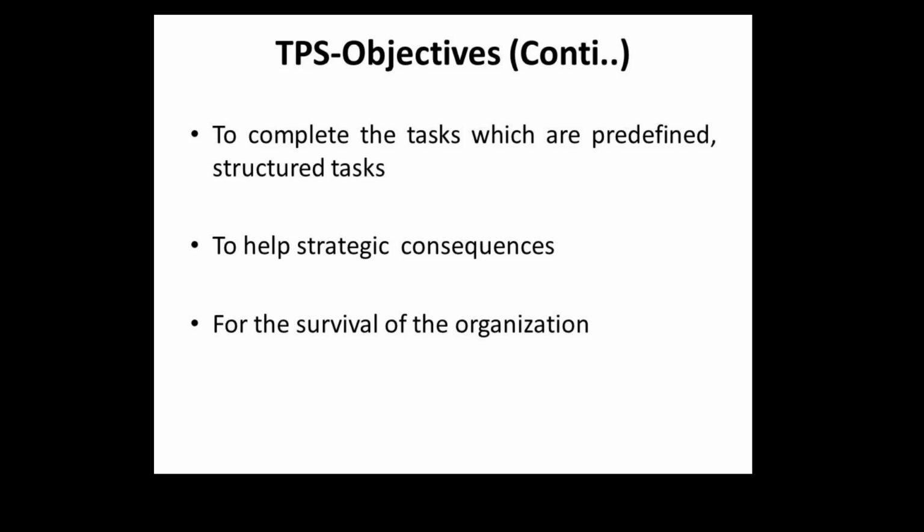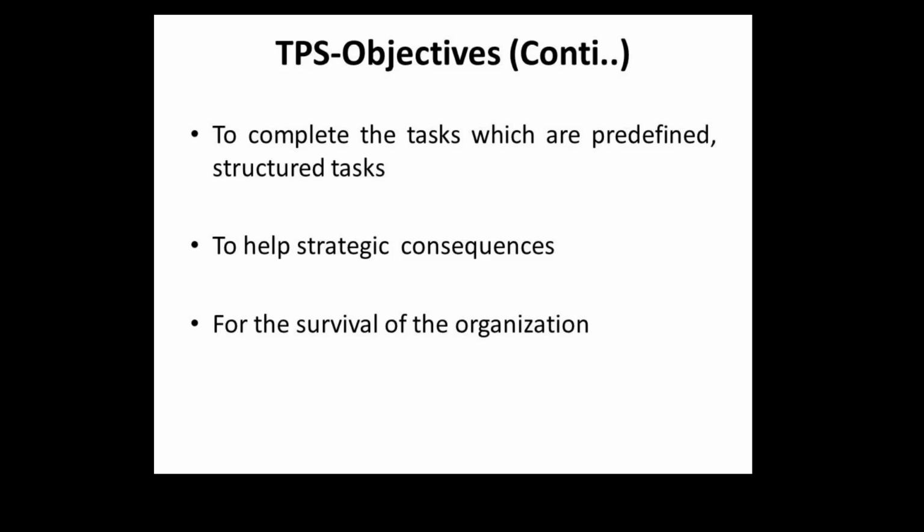The next objective of TPS is to help strategic consequences, meaning the business strategic decisions, and the TPS information which is available will help with strategic consequences while taking decisions.